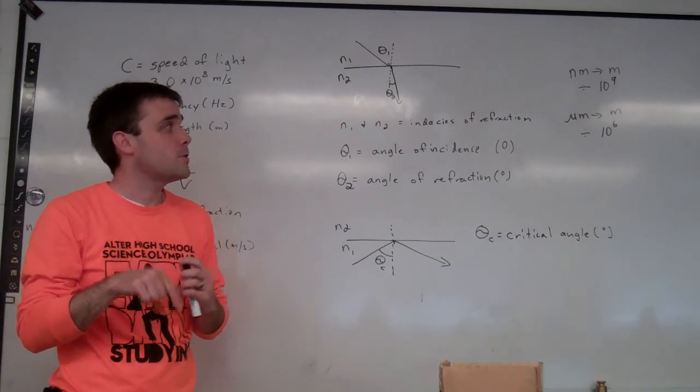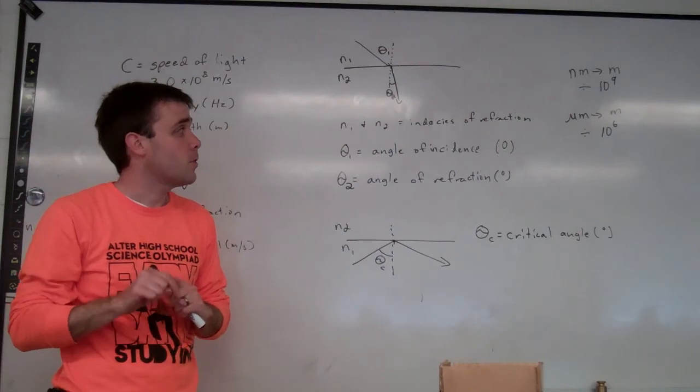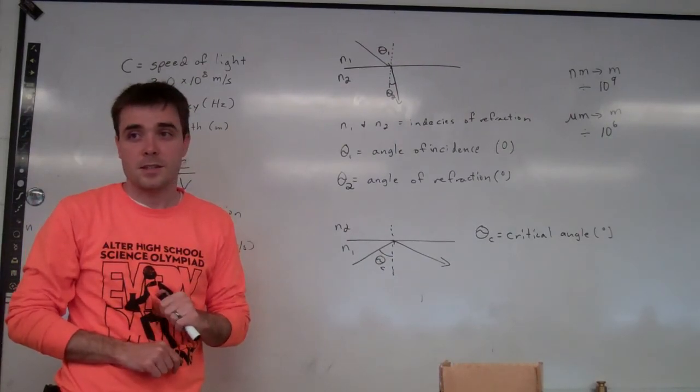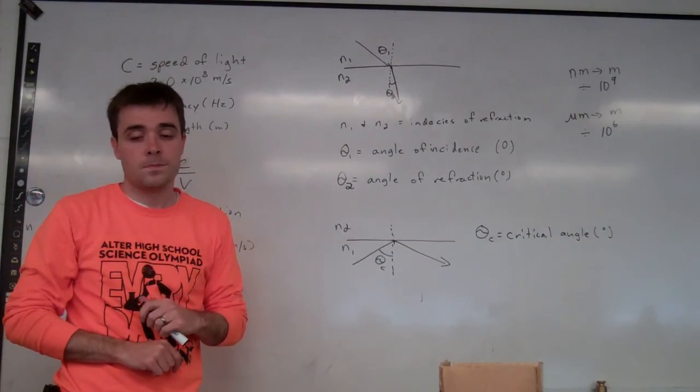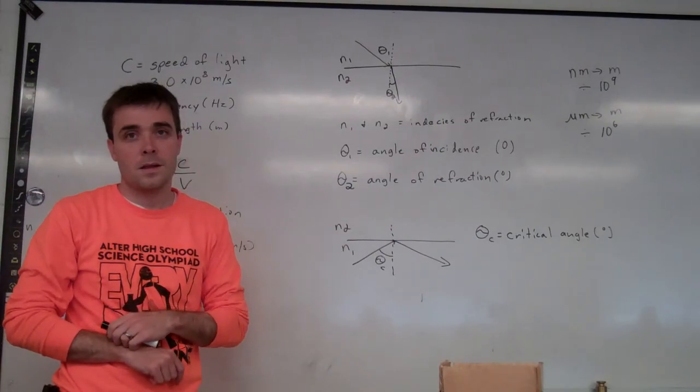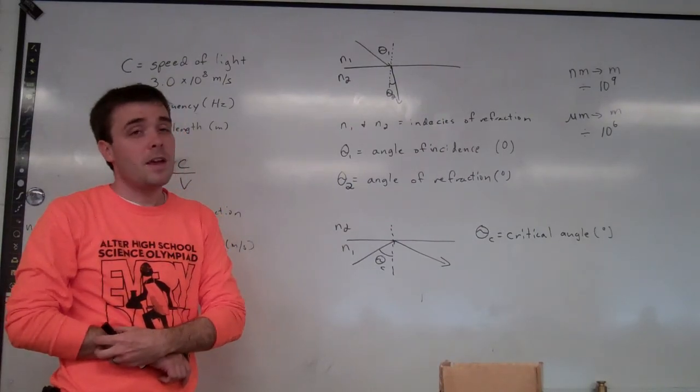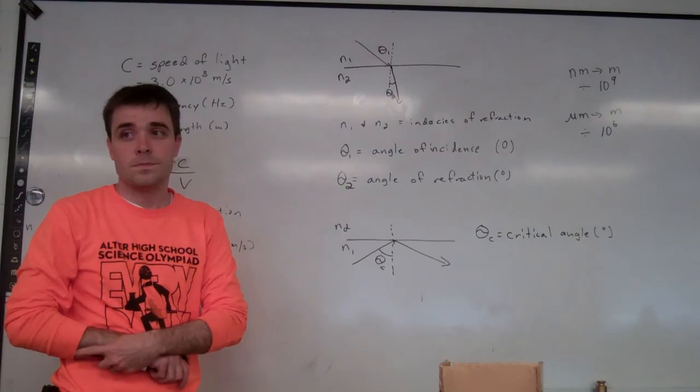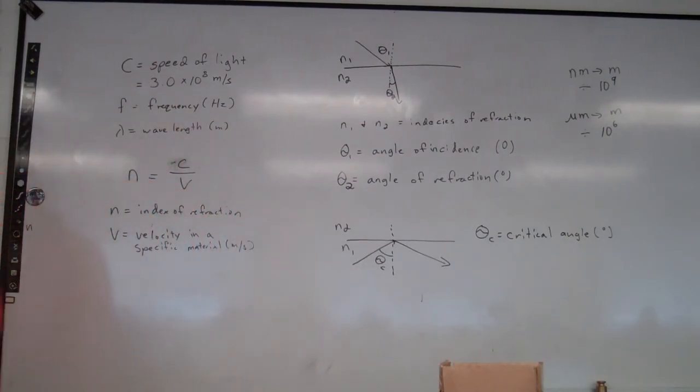So to go from nanometers to meters, you divide by 10 to the 9th. To go from micrometers to meters, you divide by 10 to the 6th. Anybody have any questions? Alright, we'll just stop there for today.